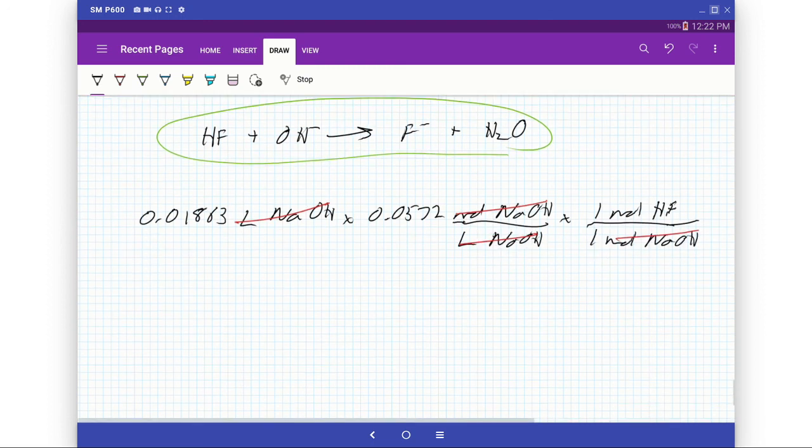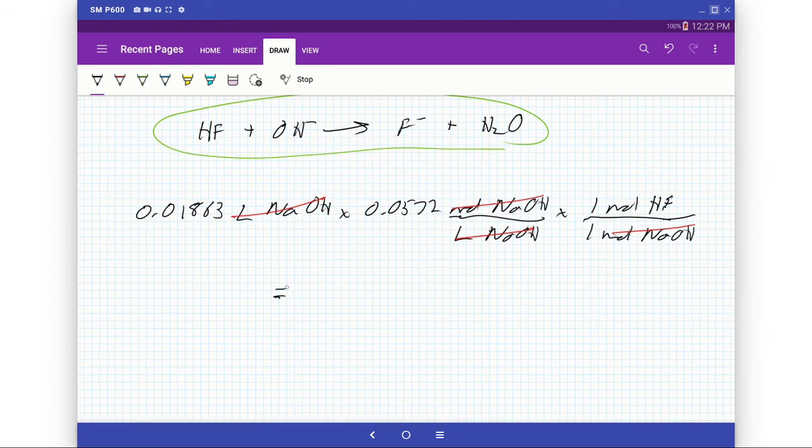And now we have 1.066 times 10 to the minus 3 moles of HF. This was in a volume of 10 mL. That was the aliquot that was taken and titrated.